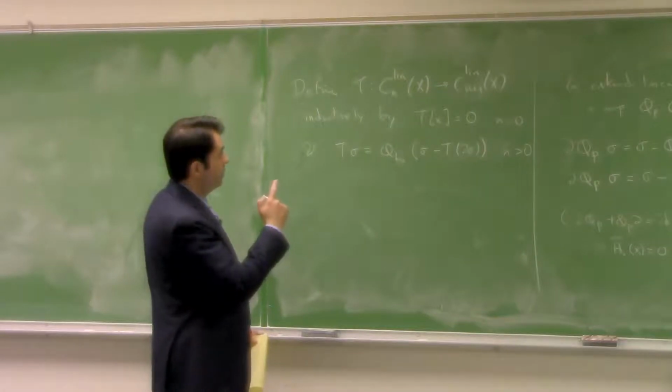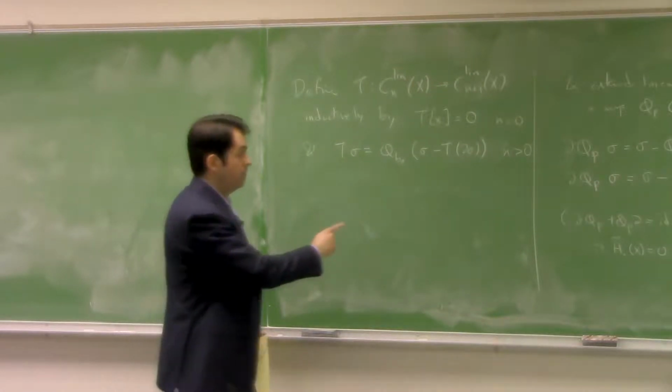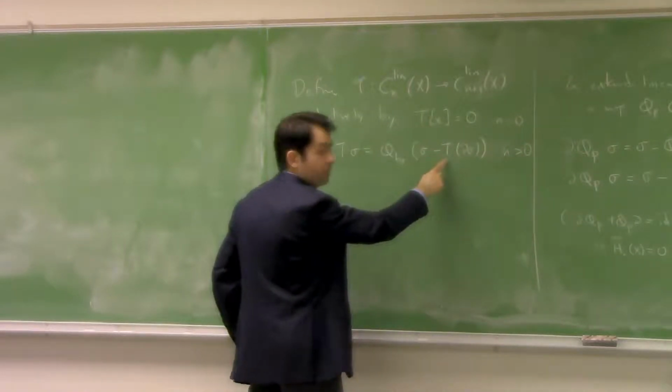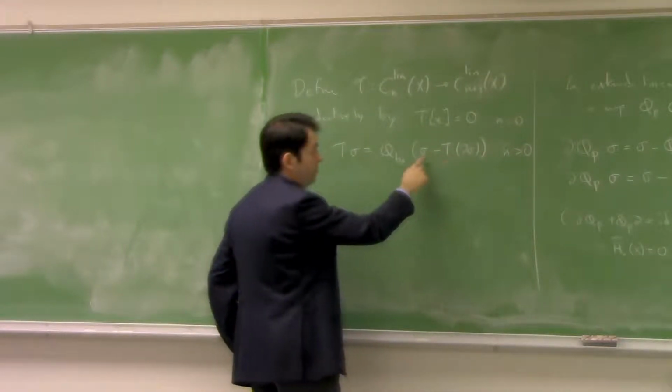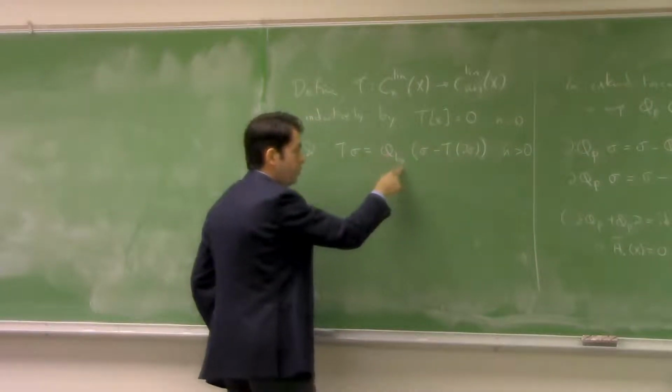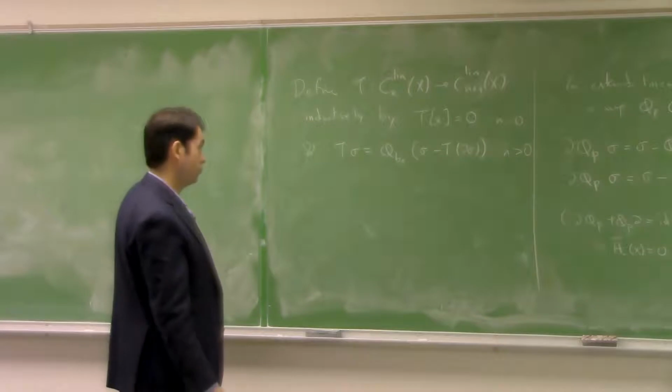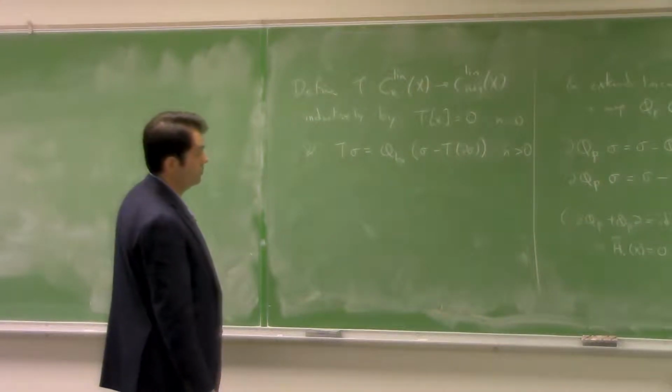Okay, so if sigma is an n-chain, boundary of sigma is an n minus 1 chain, T is inductively already defined and gives us an n-chain. So this difference is an n-chain, and then Q takes an n-chain and gives you an n plus 1 chain. Right, so it goes from and where it's supposed to.